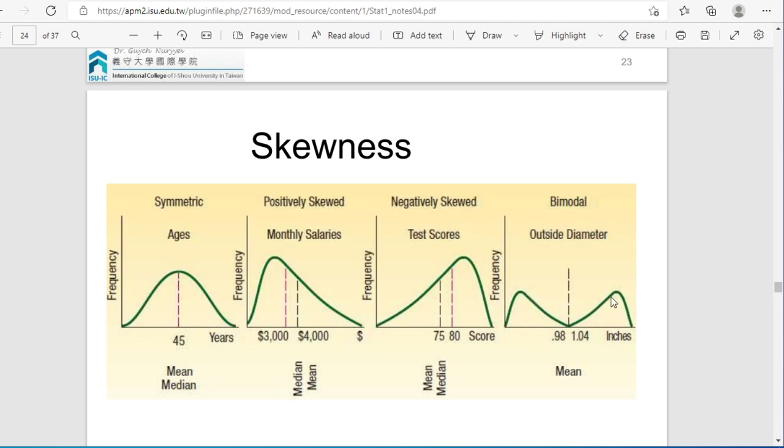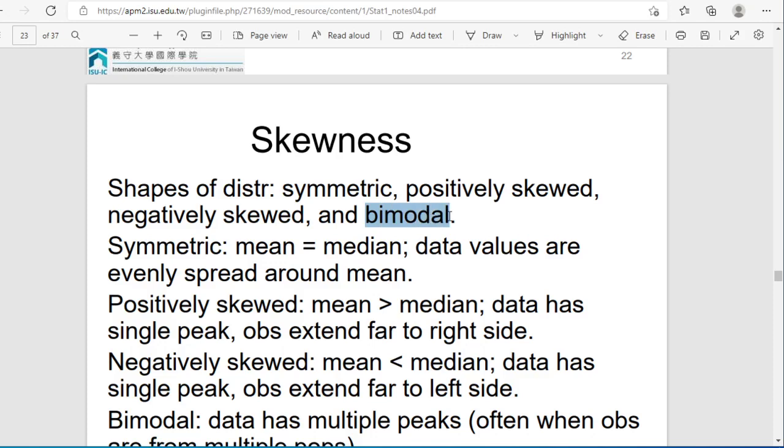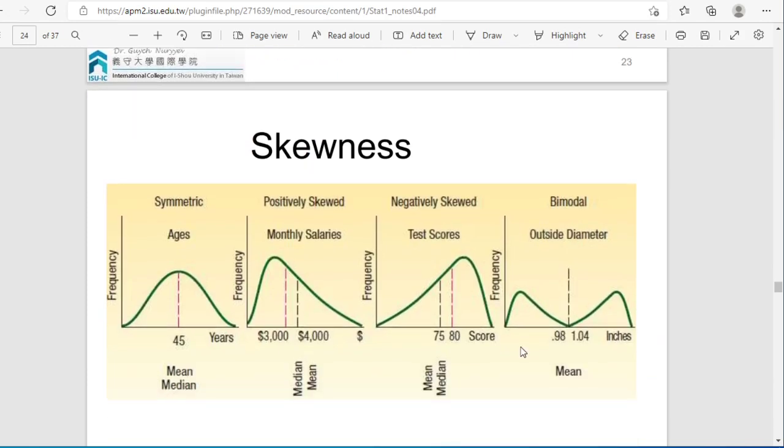The two peaks of this green line are two equally highly common observations, right? The frequency for those is pretty high. The vertical axis shows frequency. So we have two modes for this distribution, as you see. So like a bicycle, a bimodal distribution is a distribution with two peaks, two modes.